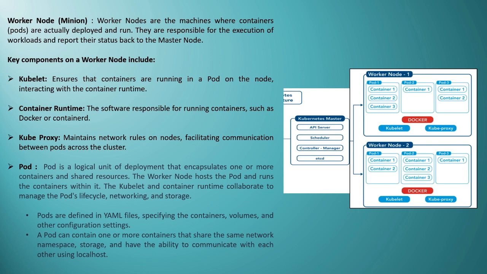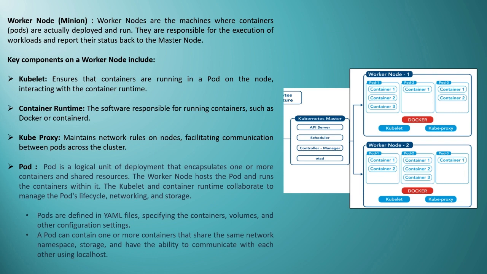Key components on a worker node include kubelet, container runtime, kube proxy, and pod. Let's discuss each component's role and responsibilities. Kubelet. Kubelet ensures that containers are running in a pod on the node, interacting with the container runtime.